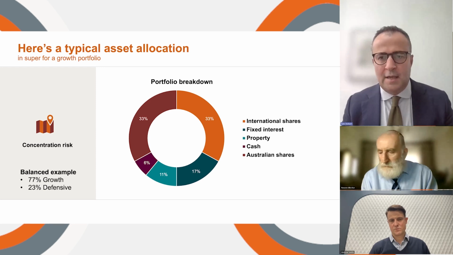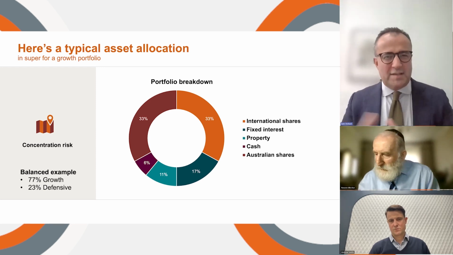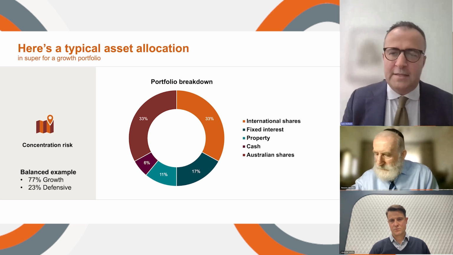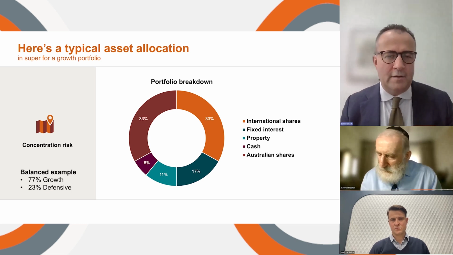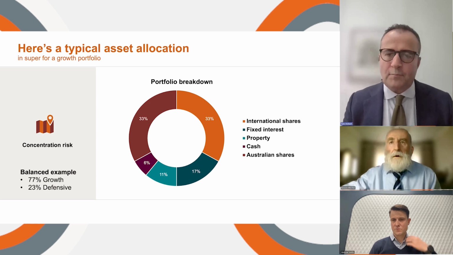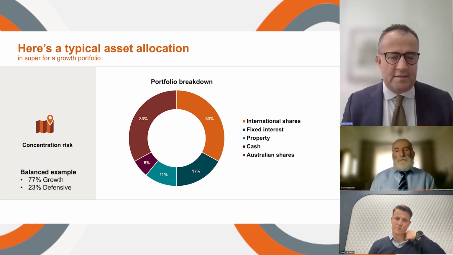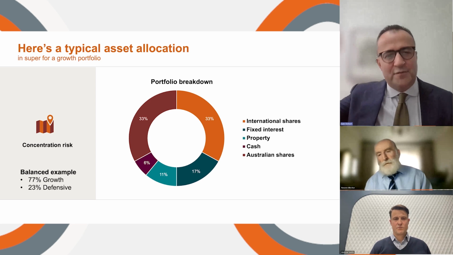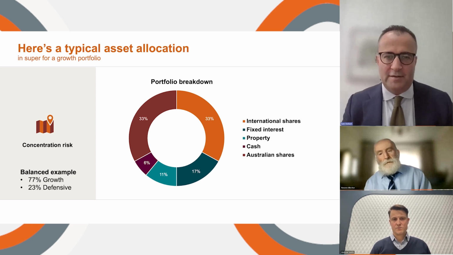For a balanced investor, well, what does that ultimately look like then? It means that you end up with around about 3/4 of your portfolio, 77% in growth assets, assets that are trying to outperform inflation that we were talking about.